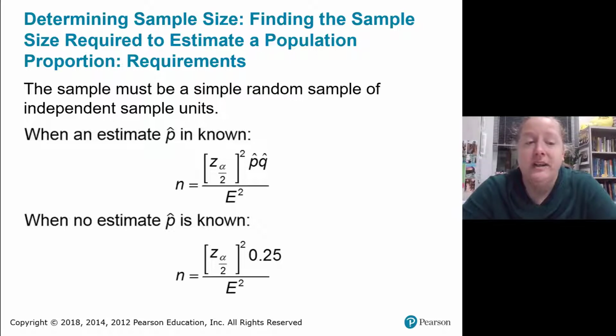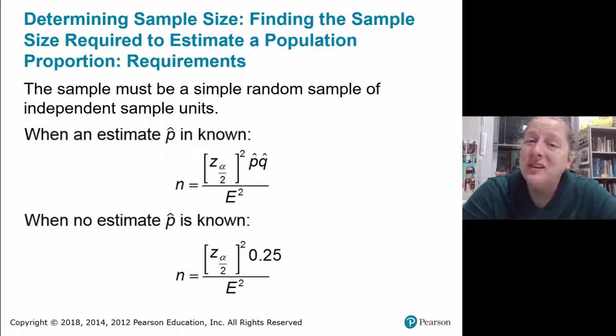Now, to calculate what our sample size must be, when we know a point estimate p hat for a sample, we know a sample statistic, then we calculate n by taking z sub alpha divided by 2, squaring it, and taking p hat times q hat, and dividing by the error squared.